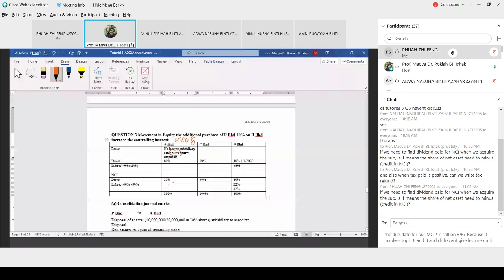In B the holding is indirect. P acquired 10% directly in January 2020.